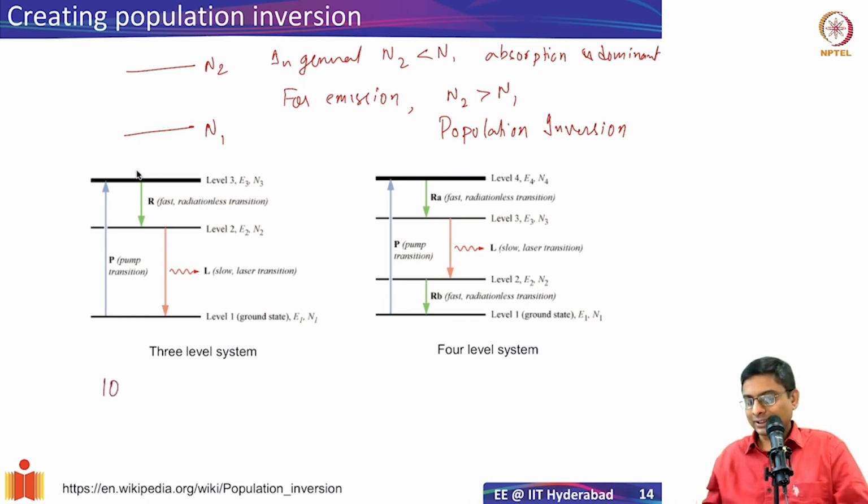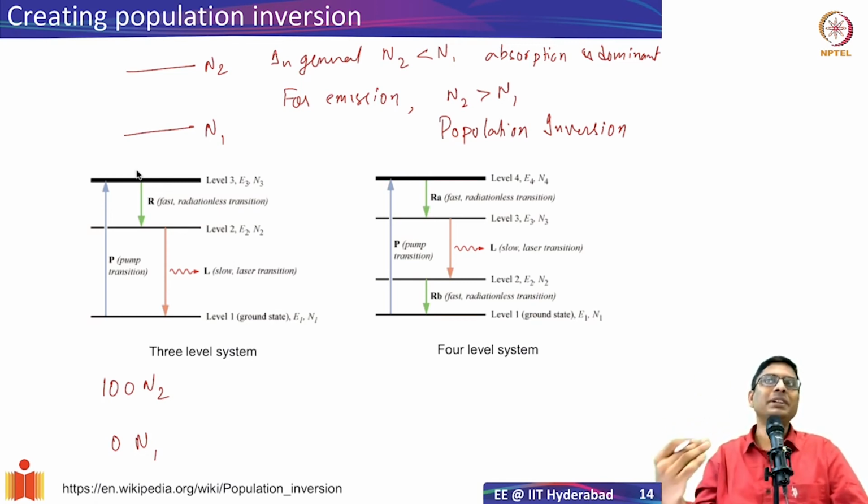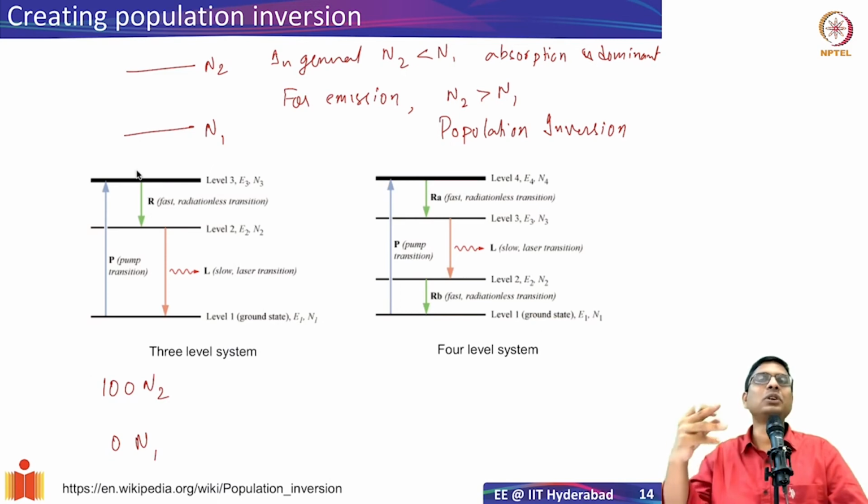Initially there are 100 atoms in the excited state, N2 equals 100 and N1 equals 0. Now, one photon will be created, and then the population inversion reduces to 98, because 99 minus 1. Again, another photon reduces it to 96, and so on. So very quickly, as photons are emitted, the population inversion reduces. It's never going to be fixed, right? So continuously we have to keep pumping the medium to maintain population inversion. If you don't maintain population inversion, you lose lasing, okay?